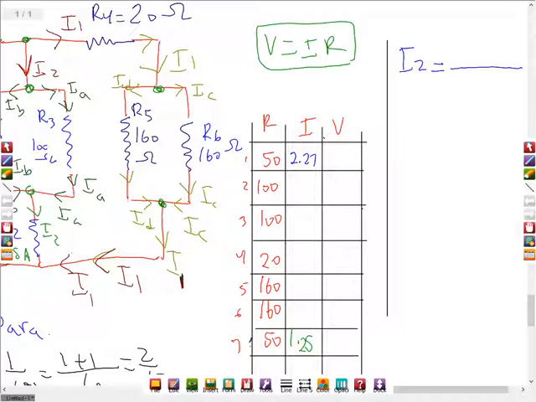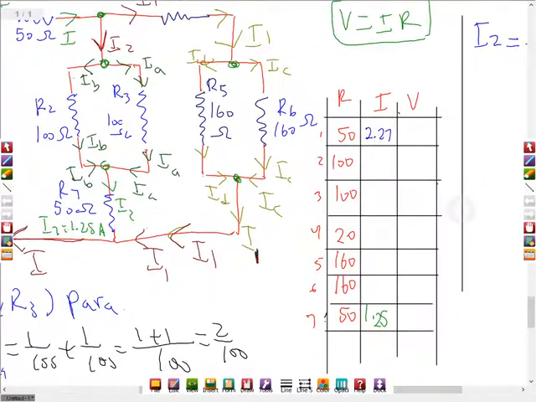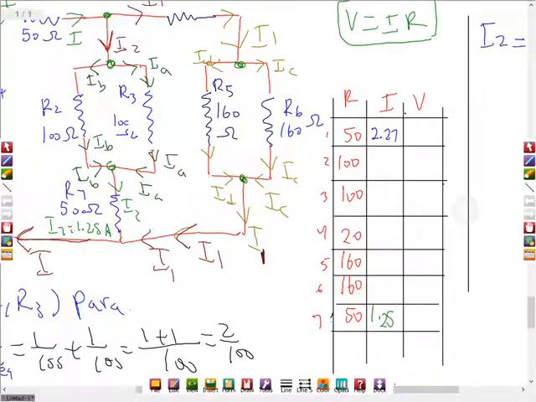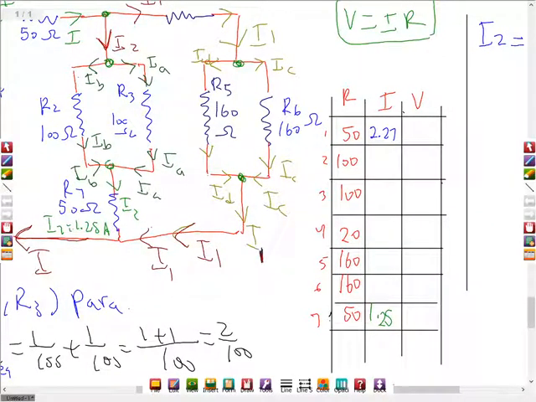Then let us find I2, which is actually 1.25, but I'm going to prove it for you. I2 comes here and ends up at this point. Which is R2 and R3, R1, we find it 50 plus 50, 100, right?